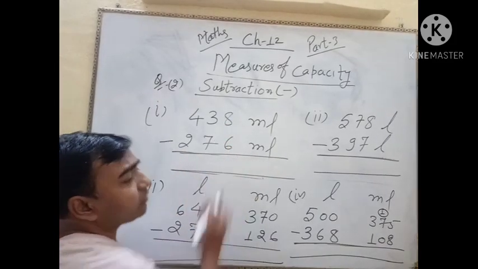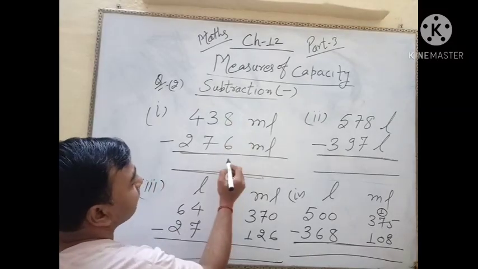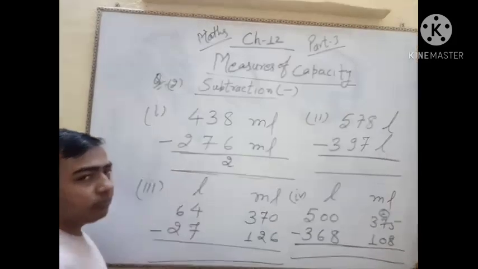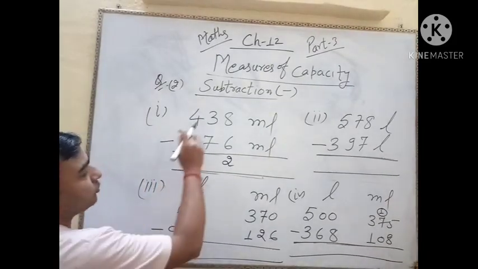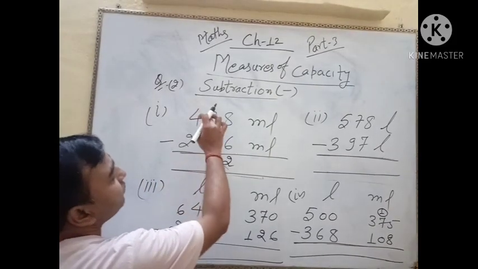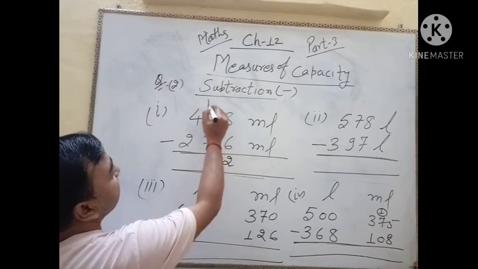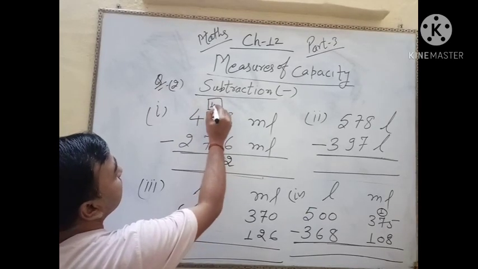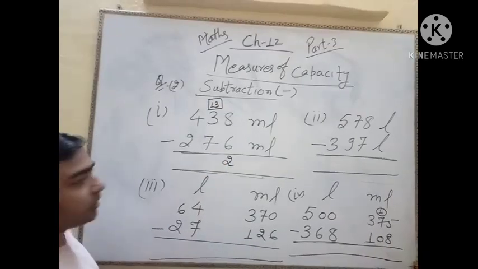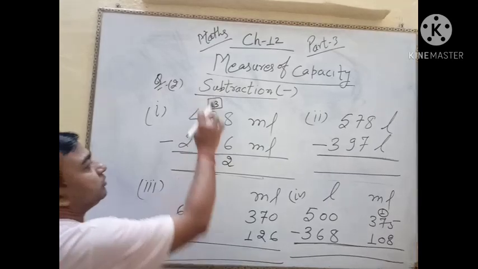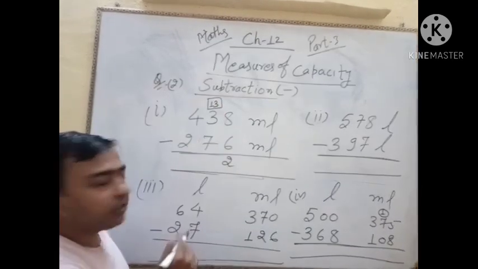8 minus 6 equal to 2. 3 minus 7 equal to what? To subtract, we have to borrow from the 100 place number. After borrowing, this 3 changes into 13. 13 minus 7 equal to 6.